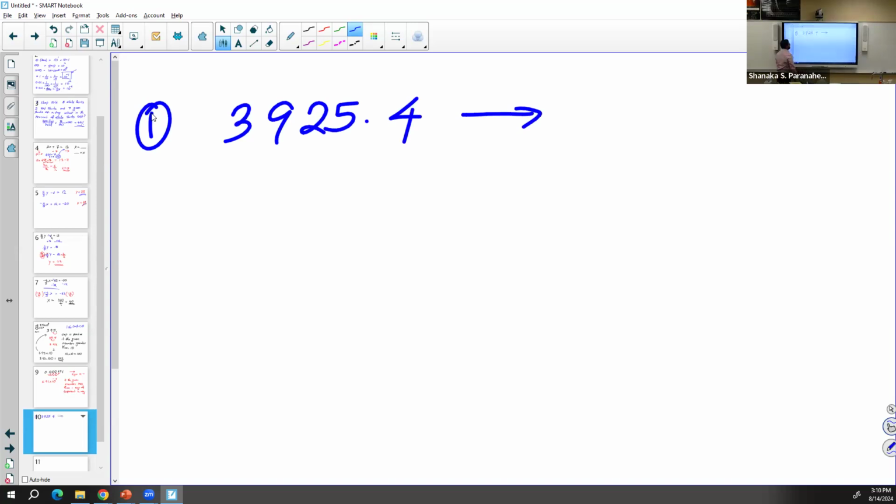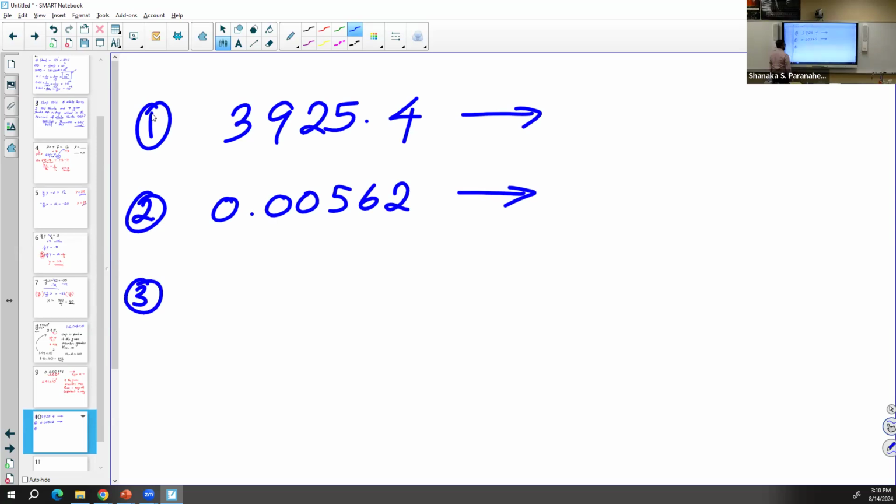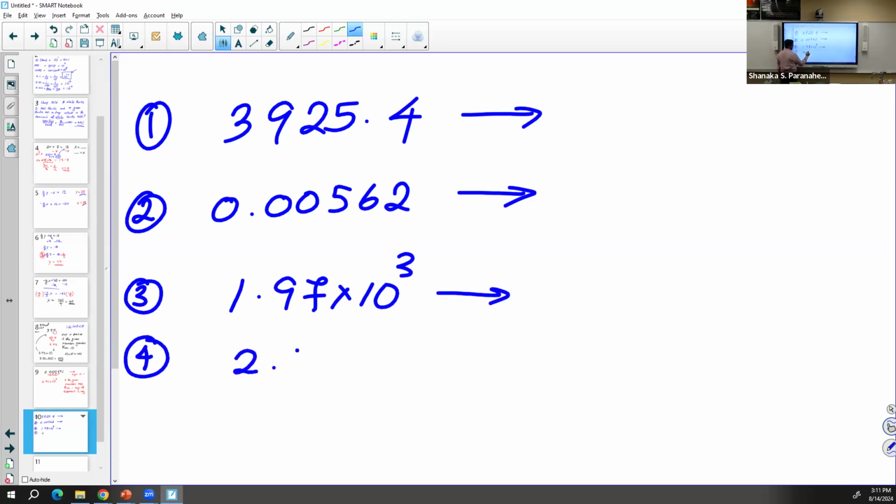If the number is given in scientific notation, convert that into standard form.